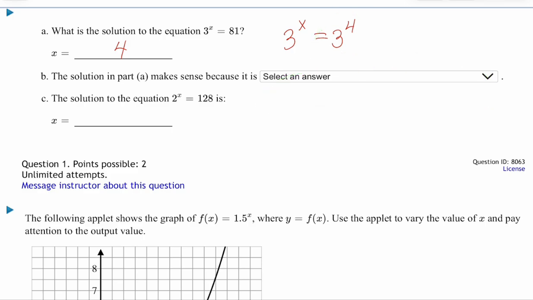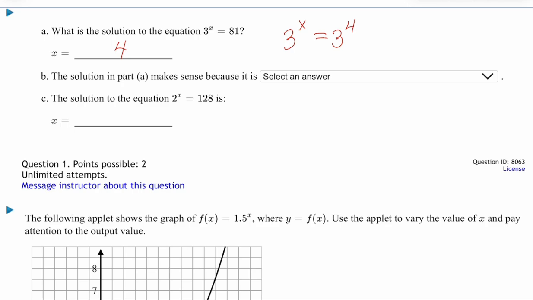It's asking which is it: the result of raising 3 to some exponent, the base needed to produce 81, or the exponent on 3 needed to produce a result of 81. So the exponent on the 3 had to give you 81. That's the one I believe we want. Okay, thank you. And then finally, it says the solution of the equation 2 to the x equals 128.